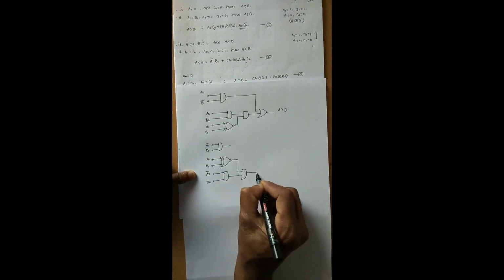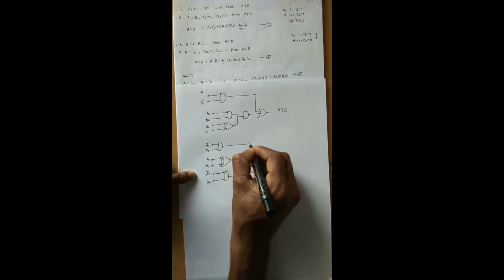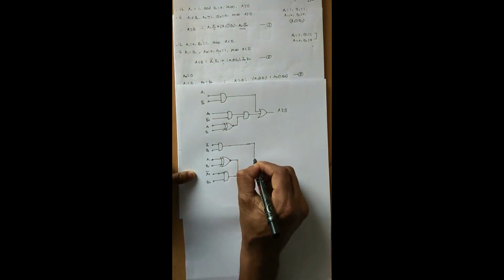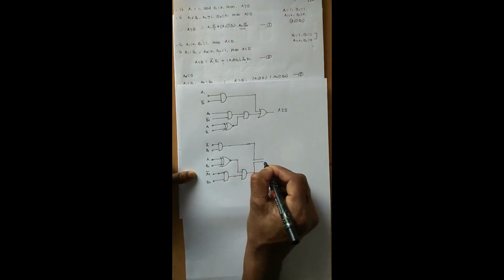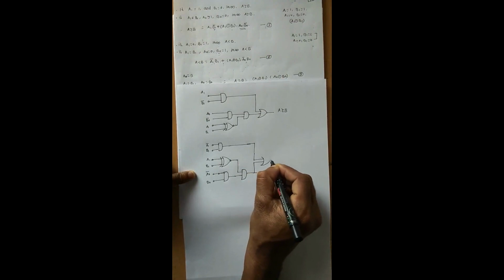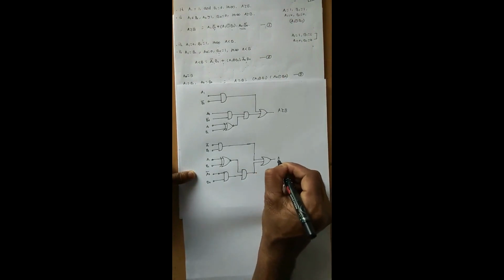And then last, both the terms are ORing with each other. And this gives us A is less than B.